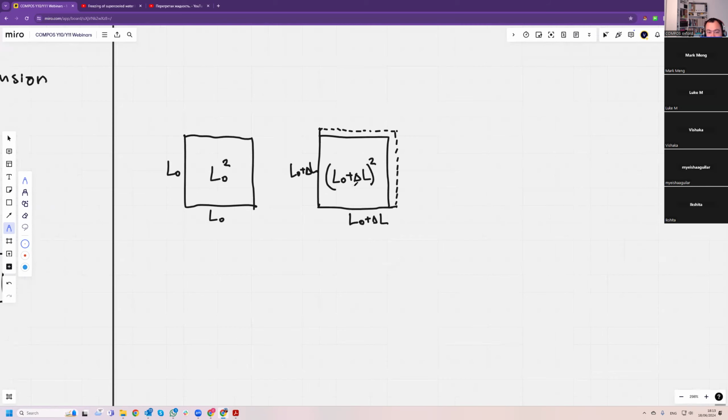If we analyze this expression and open the brackets, that's L0 squared plus 2 L0 delta L plus delta L squared.